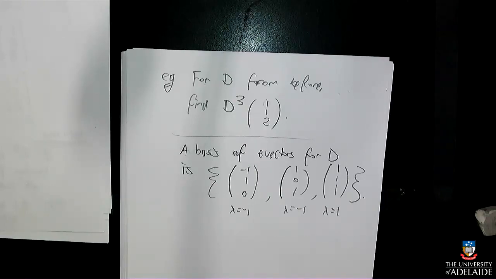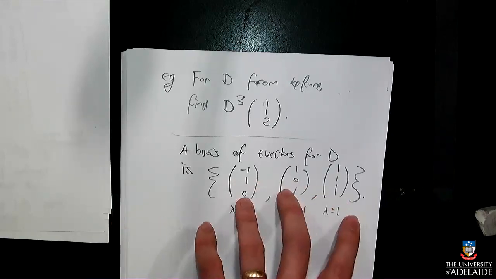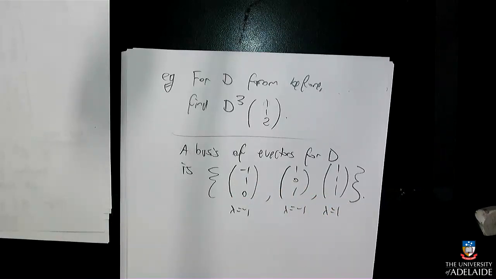Yep? How would you know which eigenvectors go in which column? Oh, which order to put these in? You can put them in whatever order you want, as long as later on you make sure that the values of lambda go in the same order as the vectors we began with, then it'll be okay.